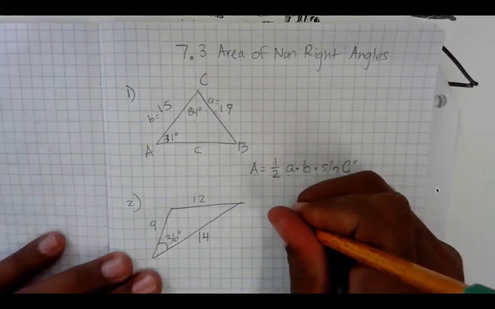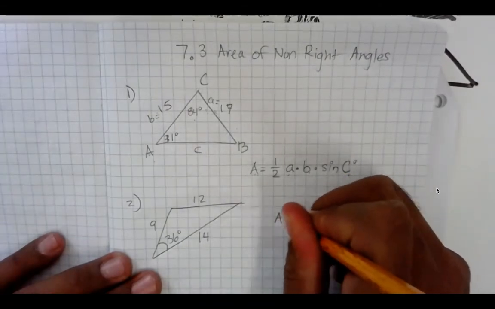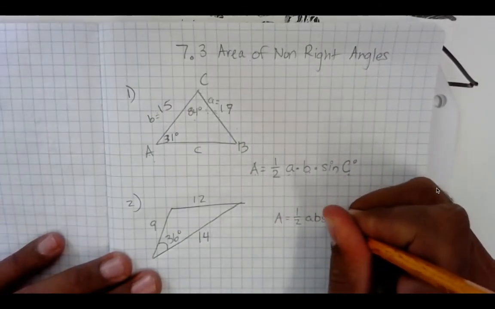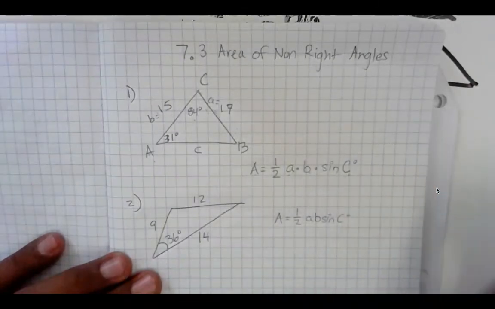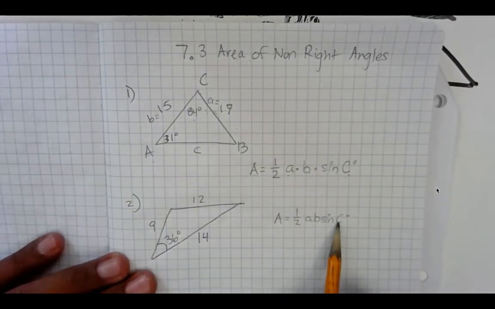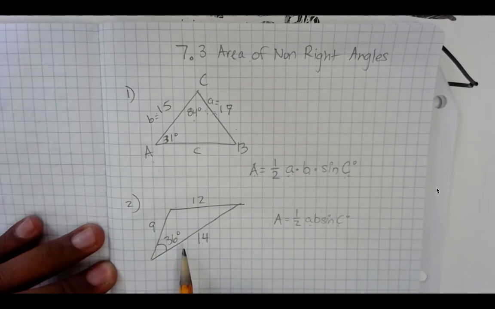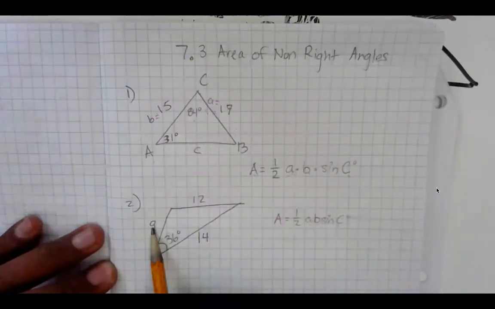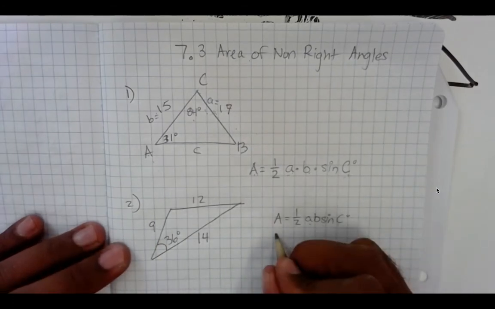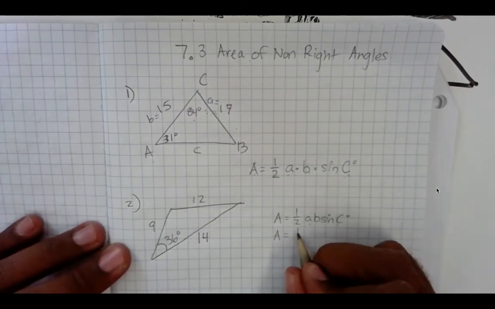Same thing, I'm going to use the formula, 1/2 times a times b times sine of C. It doesn't matter what letter it is; you just need to make sure it's the angle that's not across from these two sides. Which two sides should I use? 9 and 14, because what's in the middle of them? 36, the angle that you are given.